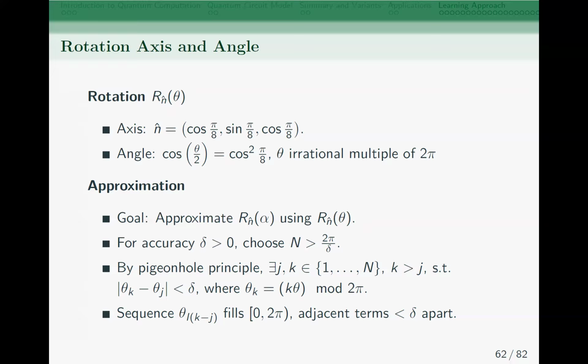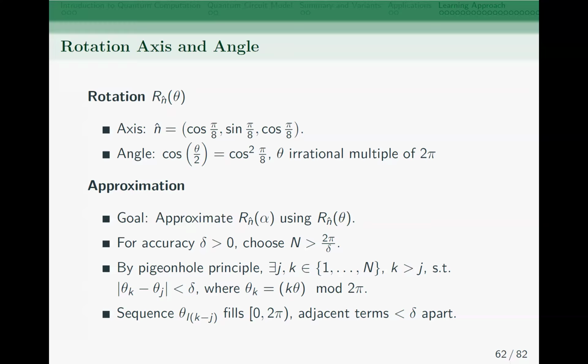So basically, if I want to approximate this R and alpha using this R and theta, then I can just pick some accuracy and pick n to be large enough. If n is larger than 2 pi divided by delta, then that's by the pigeonhole principle. I think everyone knows the pigeonhole principle.